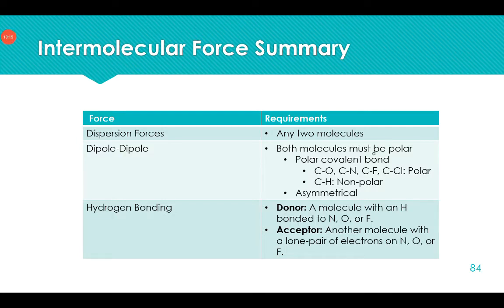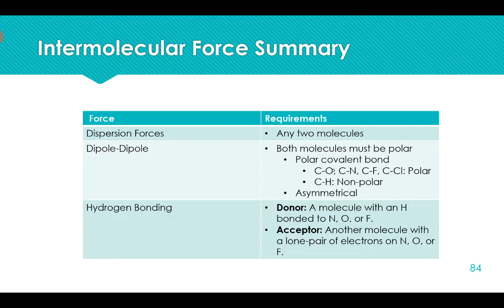This slide summarizes the requirements to have all of these different intermolecular forces. Dispersion forces occur between all molecules. Everything has dispersion forces. For dipole-dipole, you need to be a permanently polar molecule. You can help decide if your molecule is polar by looking at the electronegativity differences.